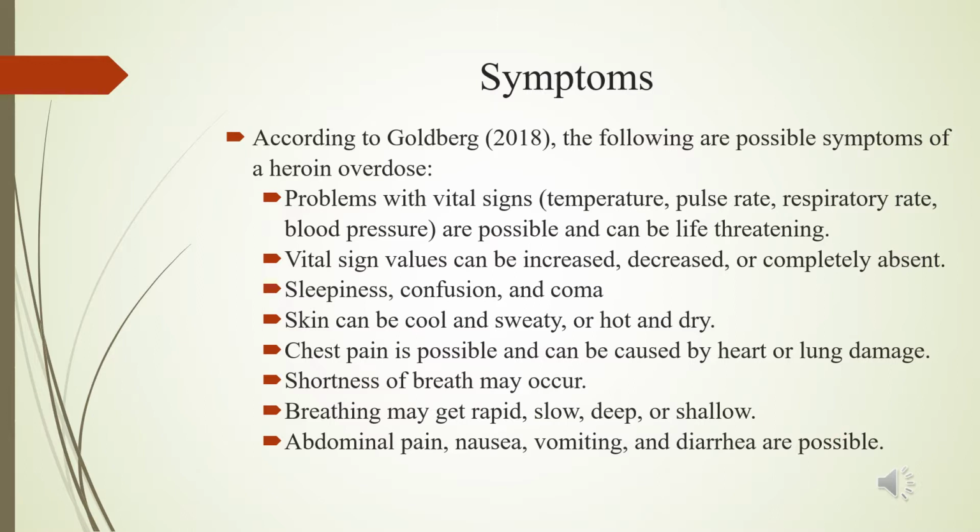The patient can be sleepy, confused, or in a coma. The skin could be cool and sweaty or hot and dry. Chest pain is possible and can be caused by heart and lung damage. Shortness of breath may occur. Breathing may be rapid, slow, deep, or shallow, and they also may experience abdominal pain, nausea, vomiting, and diarrhea.